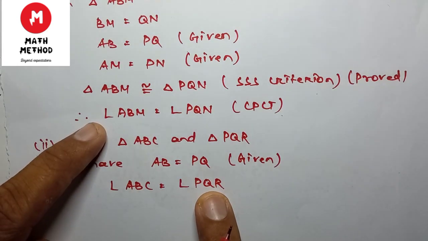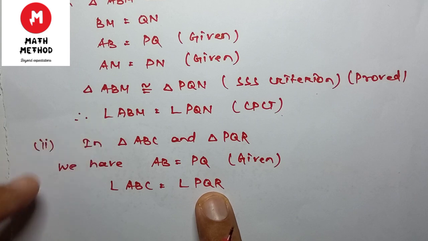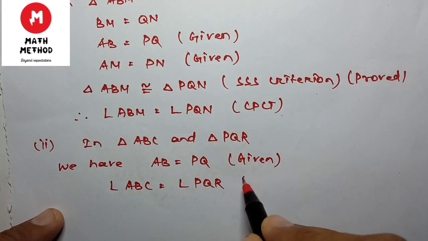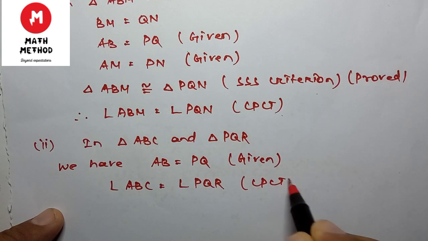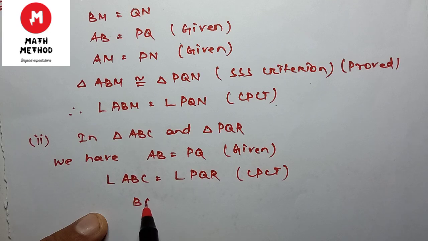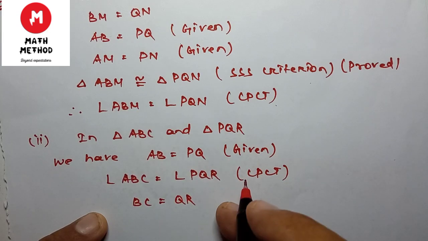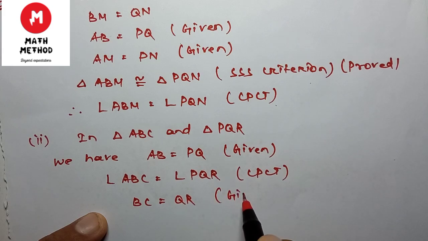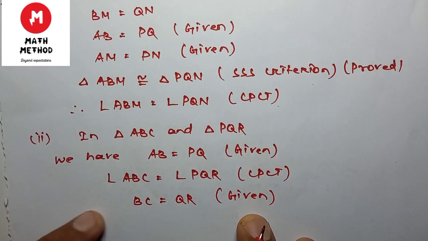We have done this by CPCT. So angle ABM is also equal to angle ABC. So this is also by CPCT. Clear? Now another one is given, that is BC is equal to QR. This is also our given because this is an isosceles triangle.